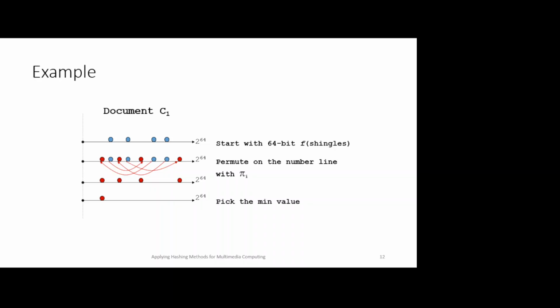Here I show you an example. Given a document, C1, suppose we check 4 shingles. There are 1, 2, 3, 4 shingles. And each shingle we map into a universe from 0 to 2 to the 64. So you can see we have used a hash function to map each shingle to this universe.